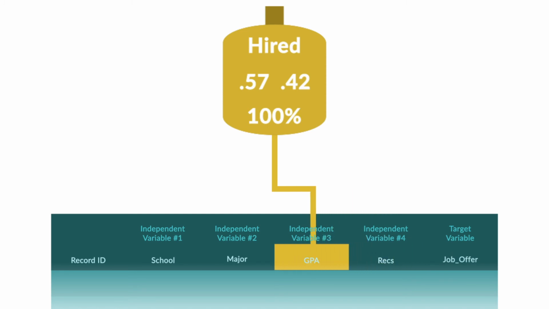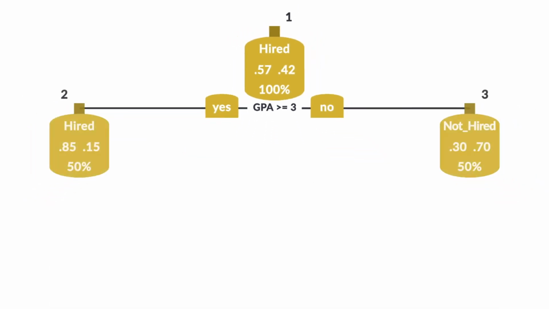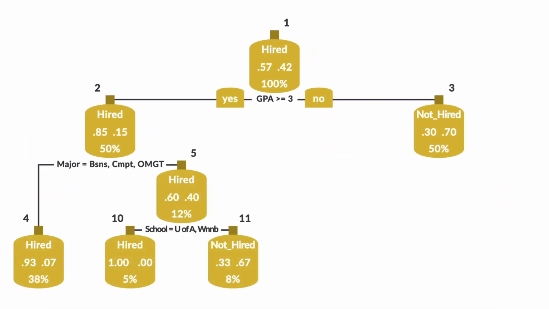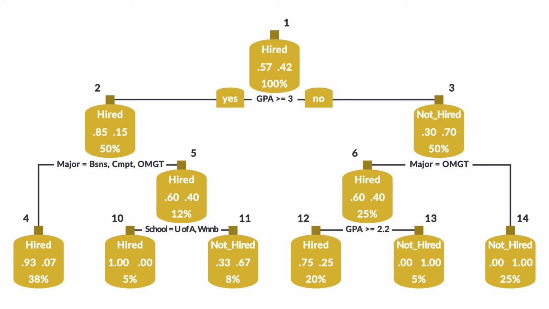It picks the winner. Now we know on which variable to split and at what level. For our tree, this was GPA and at 3.0. It then continues to iterate through each node on the tree, trying to split it on our independent variables, and stops when no further splits will give any improvement in classification.